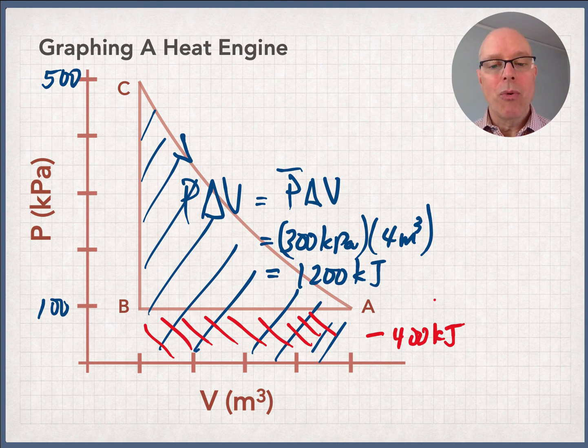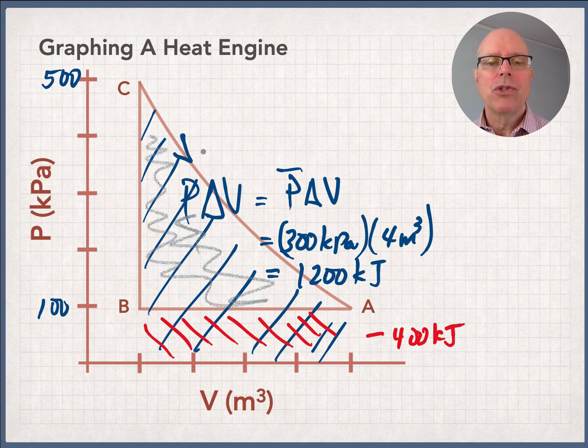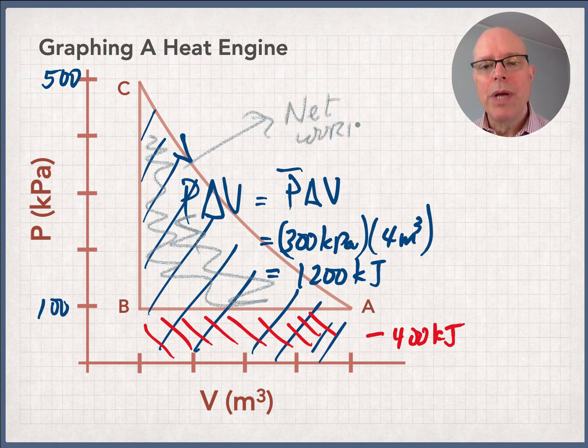Well, the way it all works is that the net area is the area that's bounded by the curve, and so it's really all of this in here. And so the area that's on the internal part of this graph is really the net profit or the net work. So the net work is going to be equal to 800,000 joules in this particular stage.